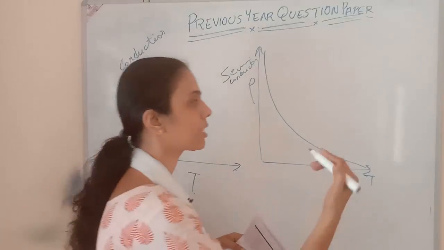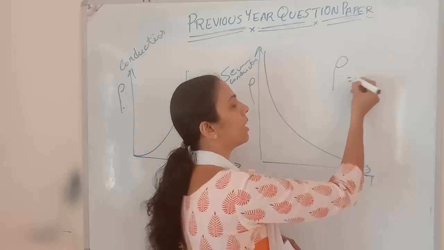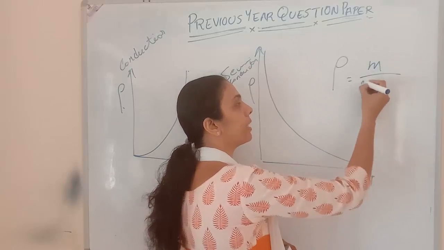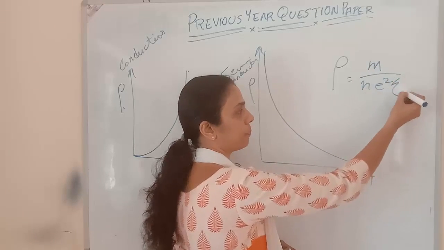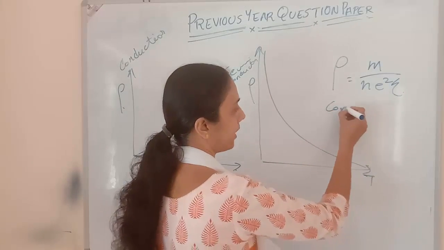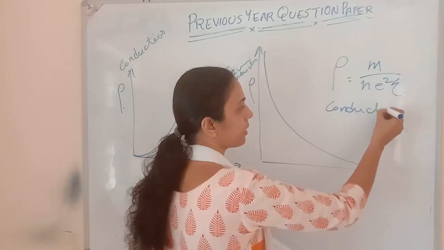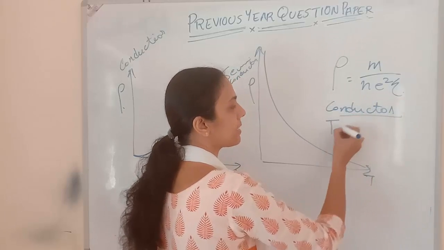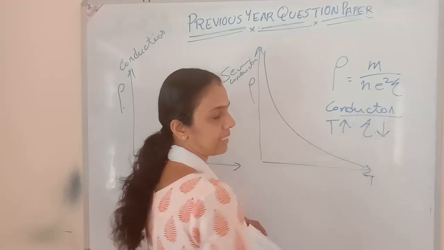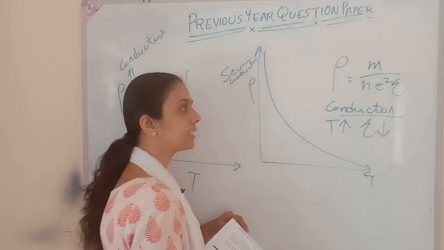So how can we explain that using the expression rho equals m by n e square tau? As temperature increases in the case of a conductor, what will happen? Relaxation time will decrease, isn't it? Relaxation time decreases.